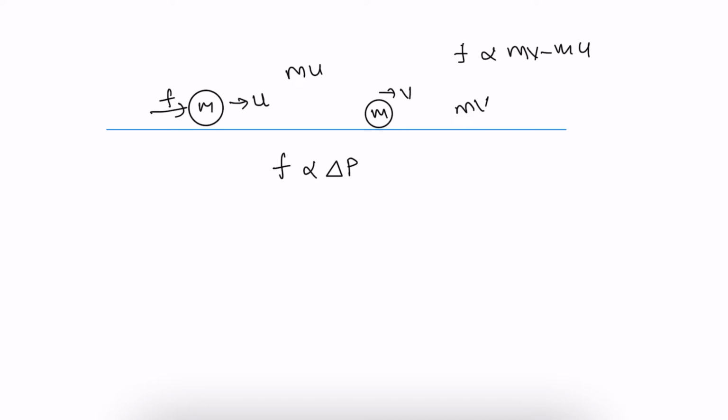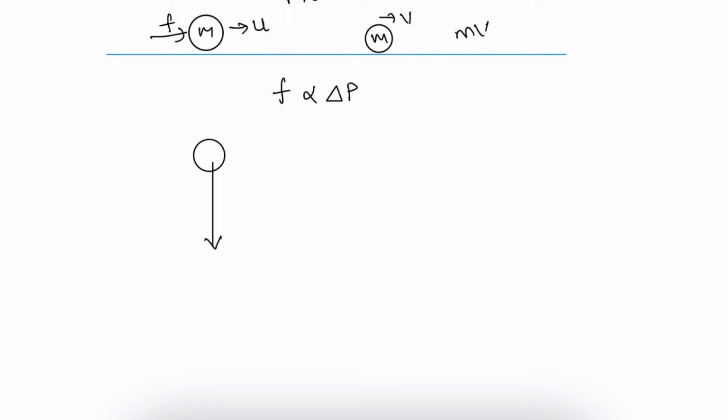Suppose we take two different cases. One ball is coming down, and you catch this ball in different ways. In the first case, with your hand, the ball is suddenly stopped.